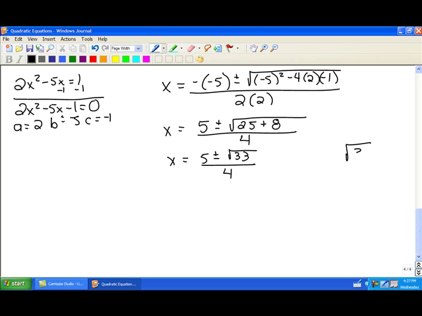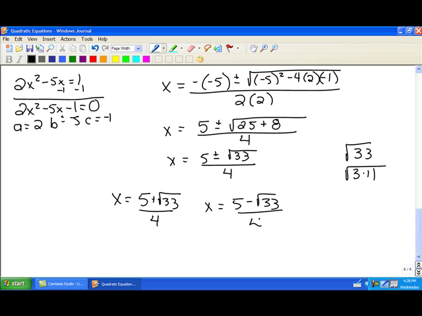The square root of 33 will not break down because if we look at its prime factors, 3 times 11, those will not factor any further. Therefore, we don't have two numbers matching. The square root of 33 is going to stand. So we have two answers. X equals 5 plus the square root of 33, all divided by 4, and x equals 5 minus the square root of 33, all divided by 4.